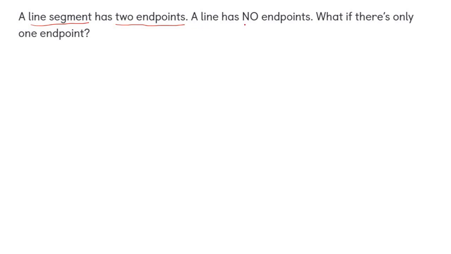A line segment has 2 endpoints. A line has no endpoints. What if there's only one endpoint? As we discussed, if it has only 1 point and extends on the other side endlessly, it is called a ray.